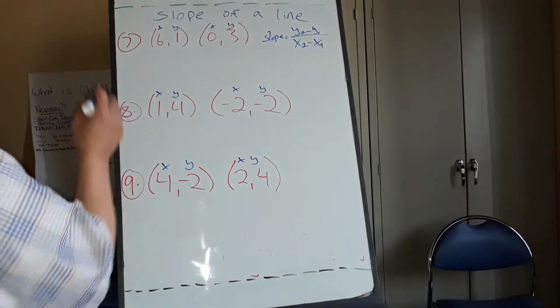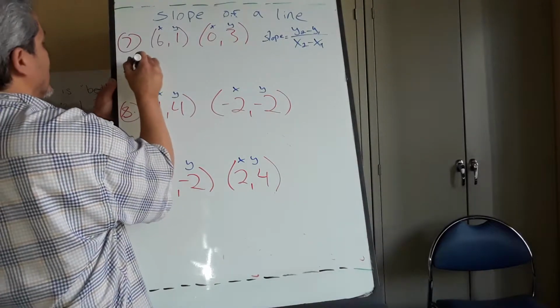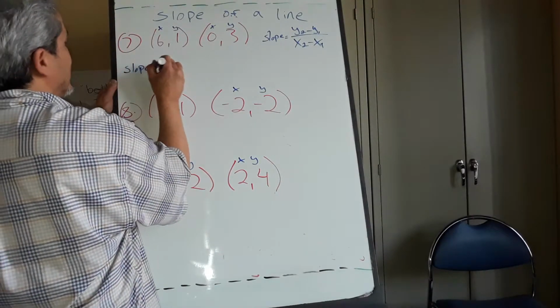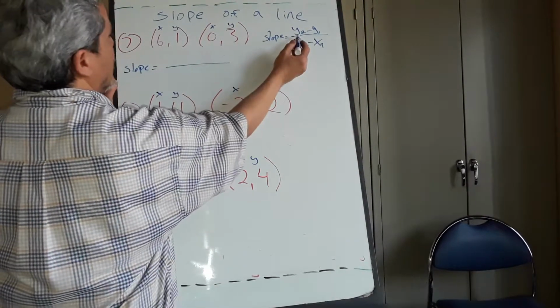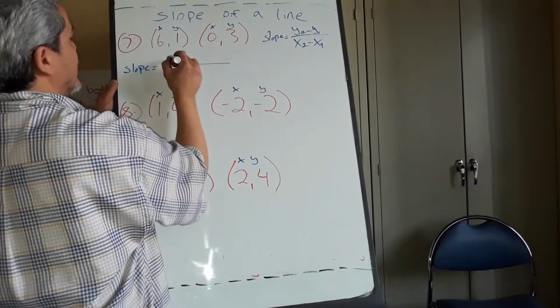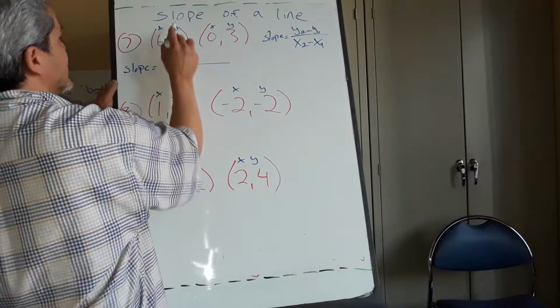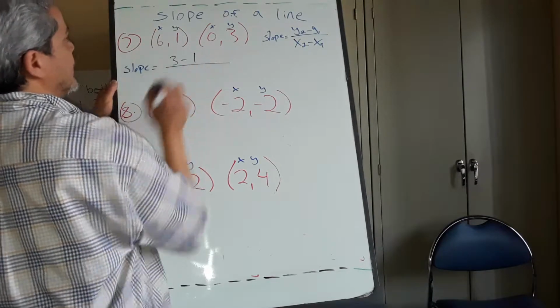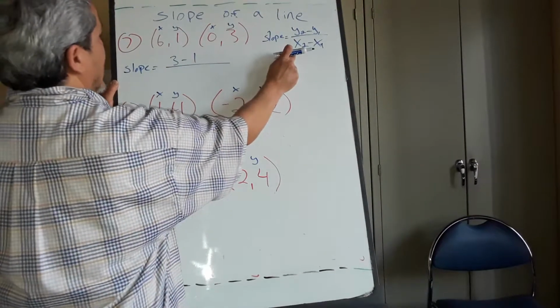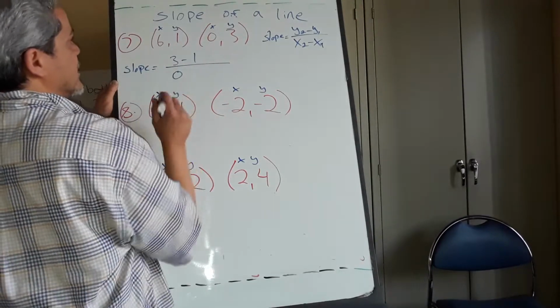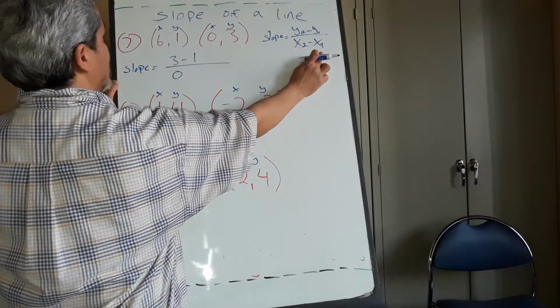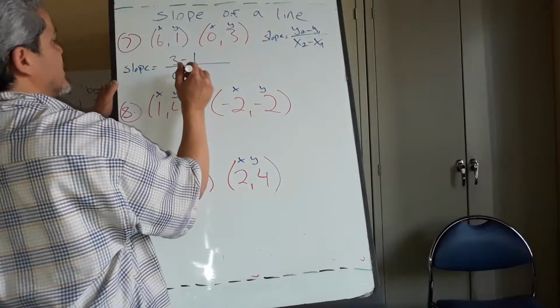Okay, so then we just set it up for each. Y second is 3 minus y first, this y first right there. X second is 0 minus x first, which is 6.